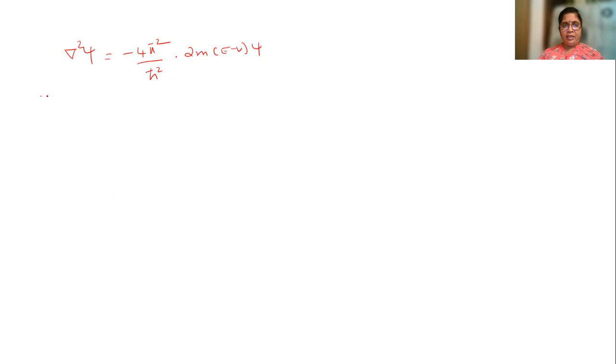Or this can be rewritten, I'm just rearranging, as del square psi plus 4 pi square by h square into 2m(E minus V) into psi is equal to 0. Now this is Schrodinger's time independent wave equation, which does not have an imaginary part i. You can leave the equation as it is, and this equation number can be 6.